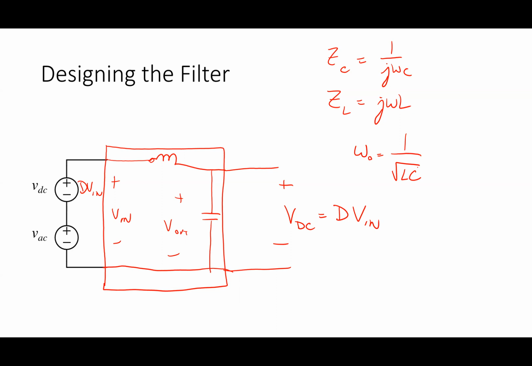So in order for this to work, if I don't want V AC to make it through that filter, I want it to disappear by the time I get to the output. What should I make sure is true about the frequency? We already did this. What did I do here to the frequency?